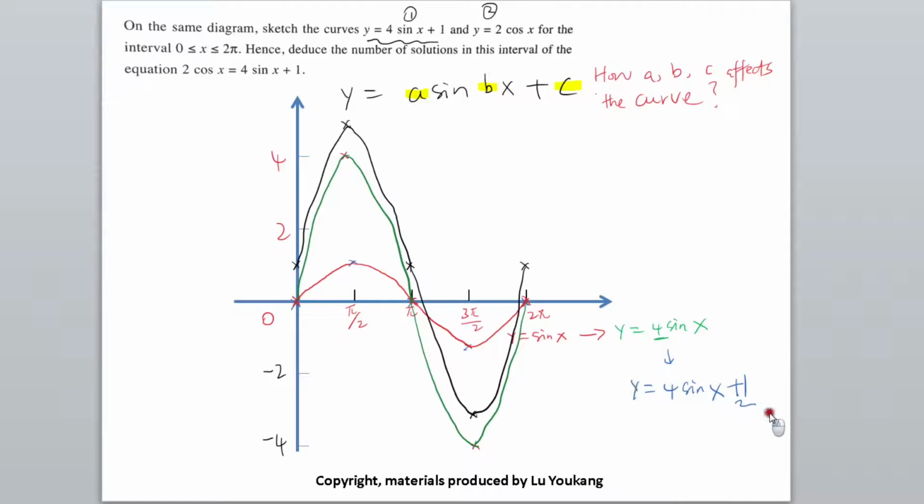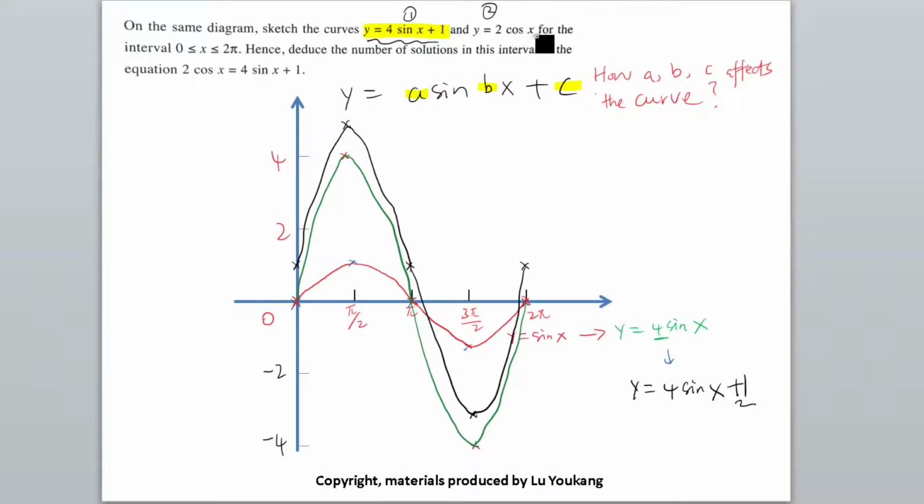And therefore, your curve y equals 4 sine x plus 1 is drawn. Basically, if you are good enough, you just have to show the last curve, which is y equals 4 sine x plus 1.